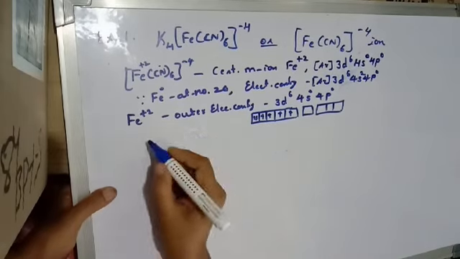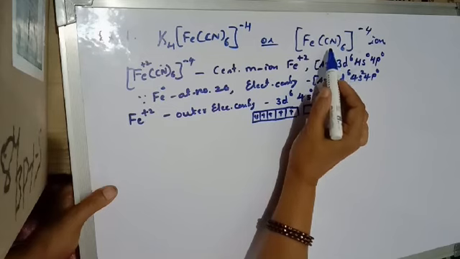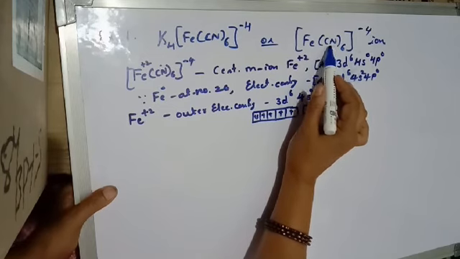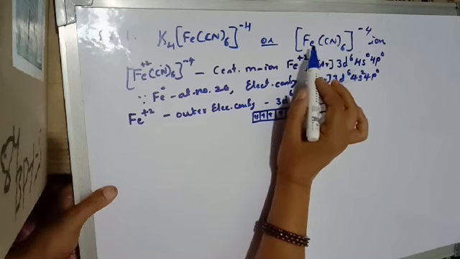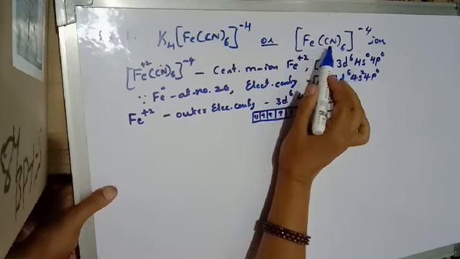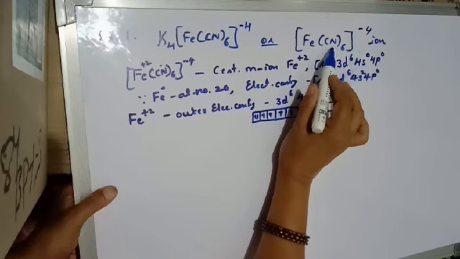Now the Fe is forming a bond with the ligand, and here cyanide is the ligand, 6 in number. When the 6 cyanide ions approach the central metal ion, a bond is formed between Fe and the 6 ligands.